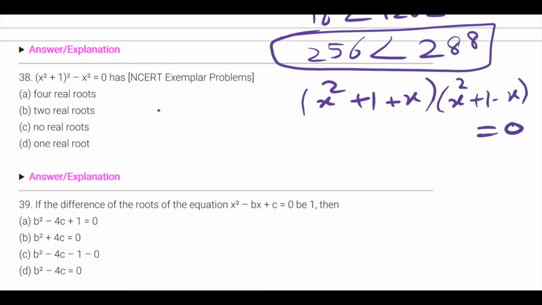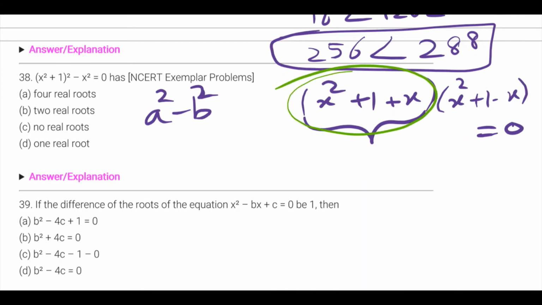So this is of the form a square minus b square. I just split it into a minus b into a plus b form. This expression here contains imaginary roots. So our biquadratic equation contains only two real roots. Option B.